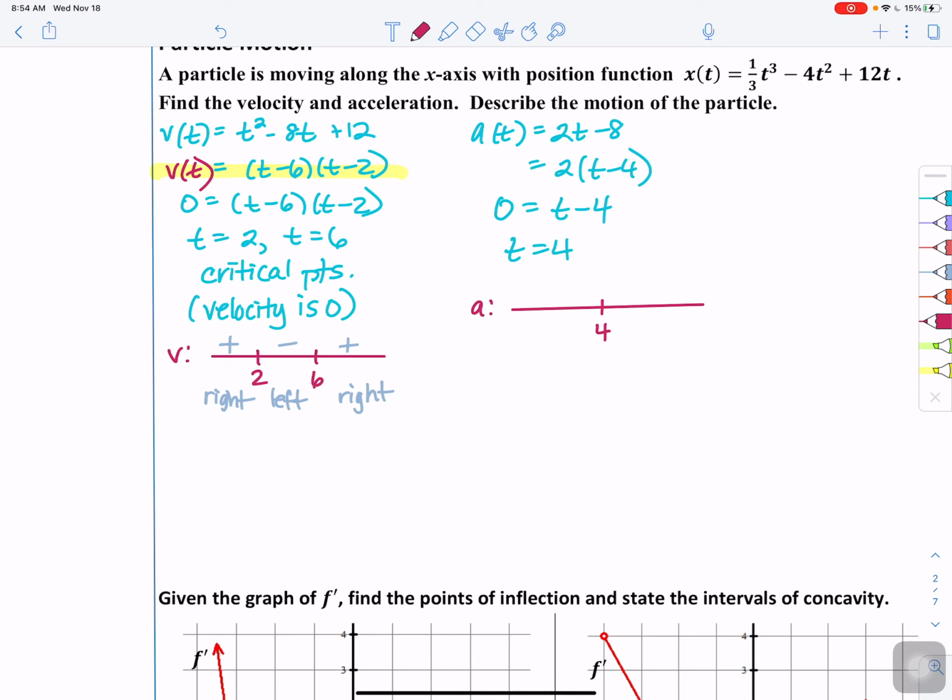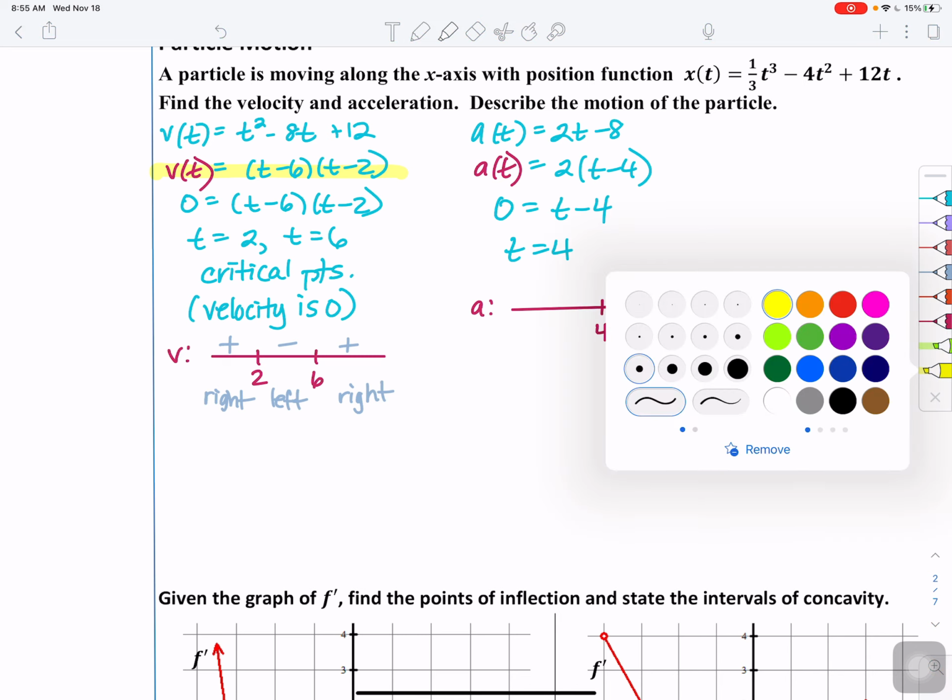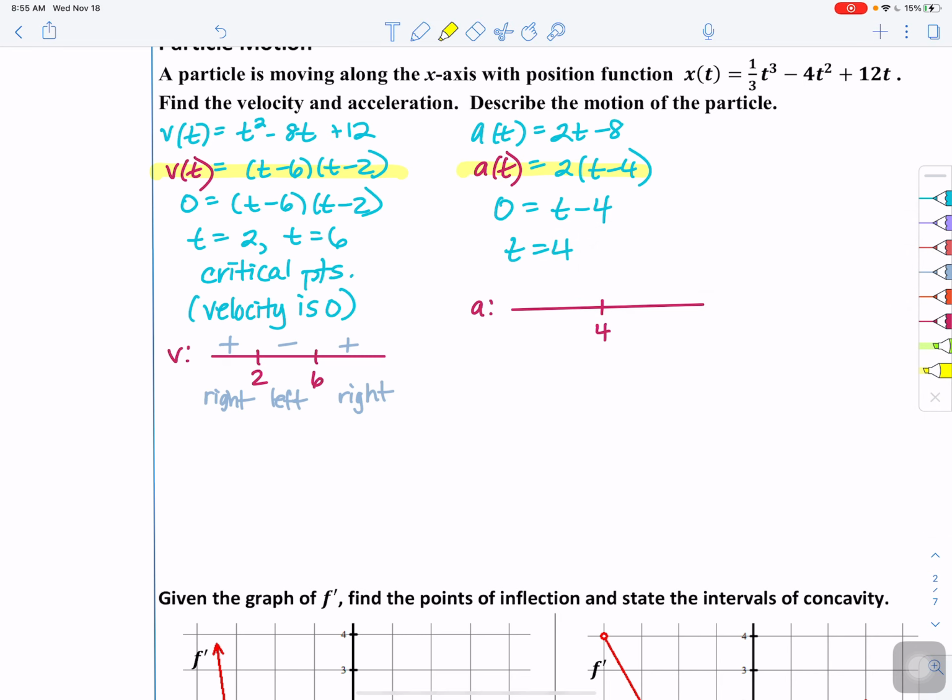Now, let's go ahead and plug in some test values. We're going to plug them into a of t. We'll plug in a 5, and that's 5 minus 4 is a 1, positive. And plug in a 3, we get a negative.